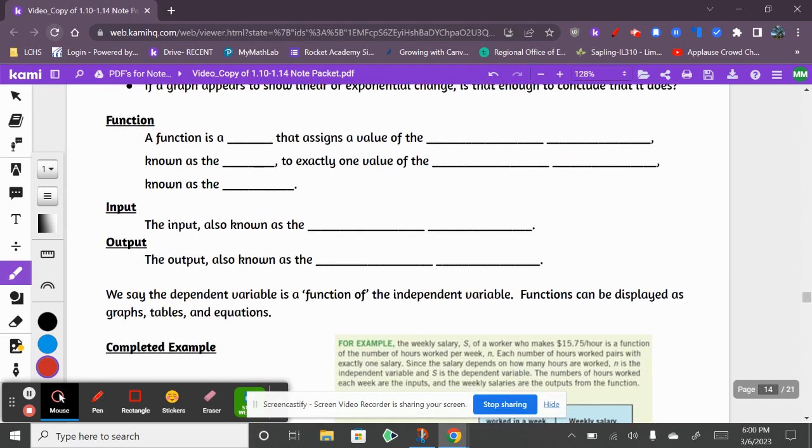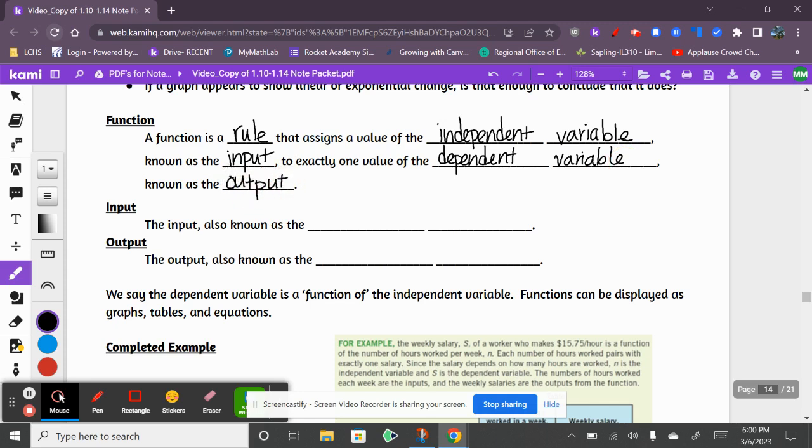So a function is a rule that assigns a value of the independent variable, known as the input, to exactly one value of the dependent variable, known as the output.